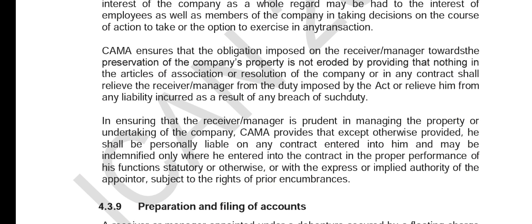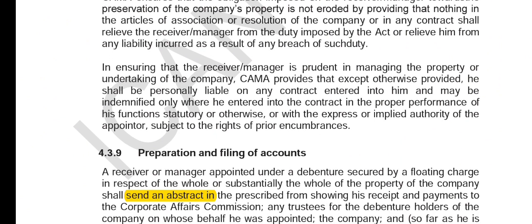So indirectly, if he acts outside instruction or outside his functions and enters into a contract, he will be liable for that contract, and there will not be any indemnity. Anything he does in performing his function as a receiver or manager, he is entitled to be indemnified.